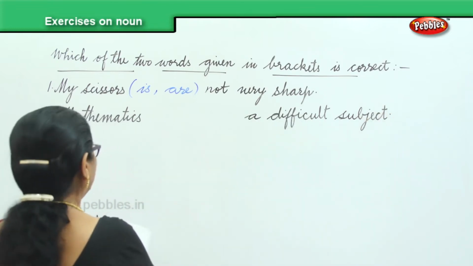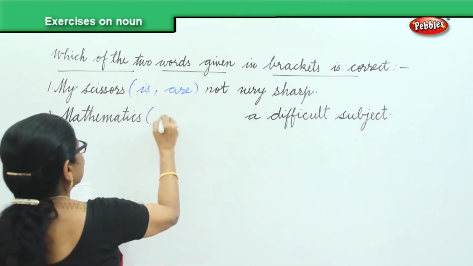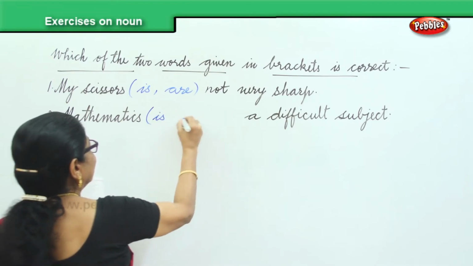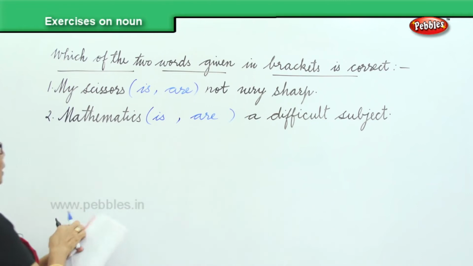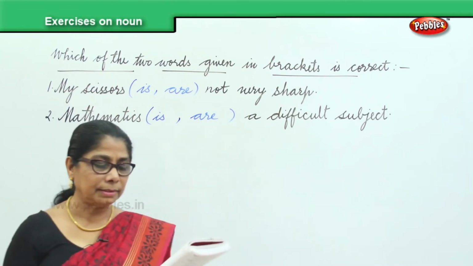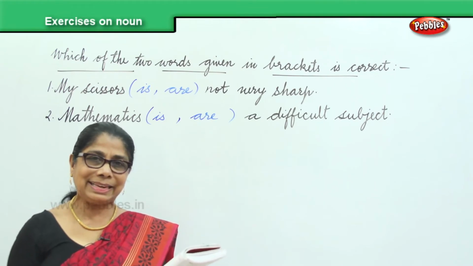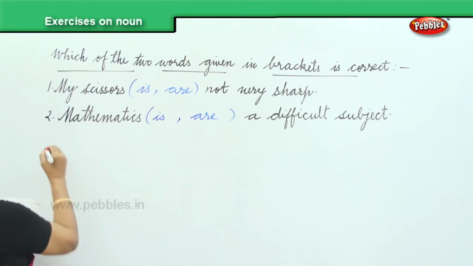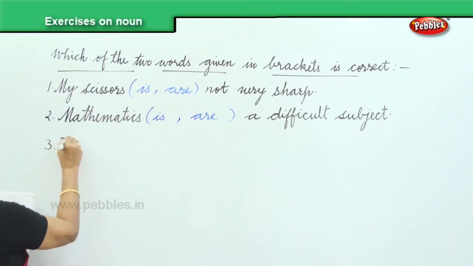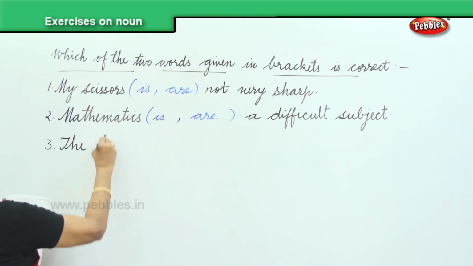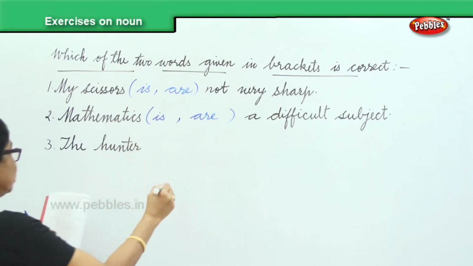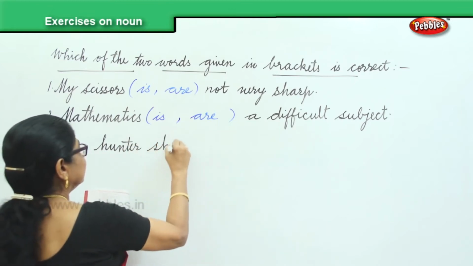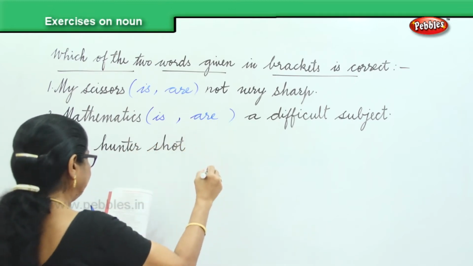And in brackets we have S and we have R. Next we have, the hunter shot 3 deer.